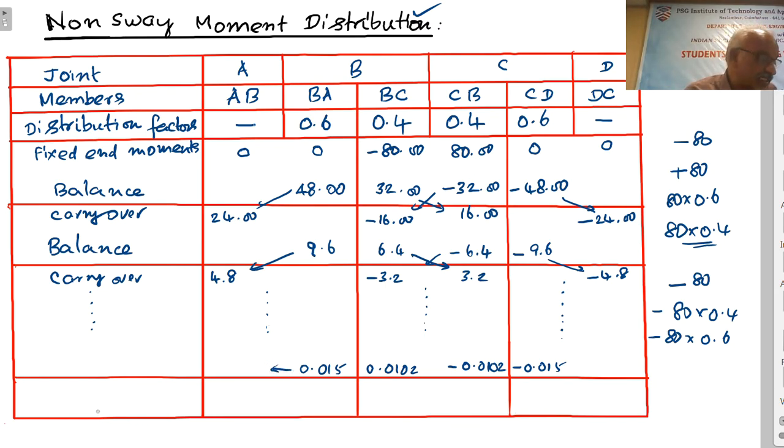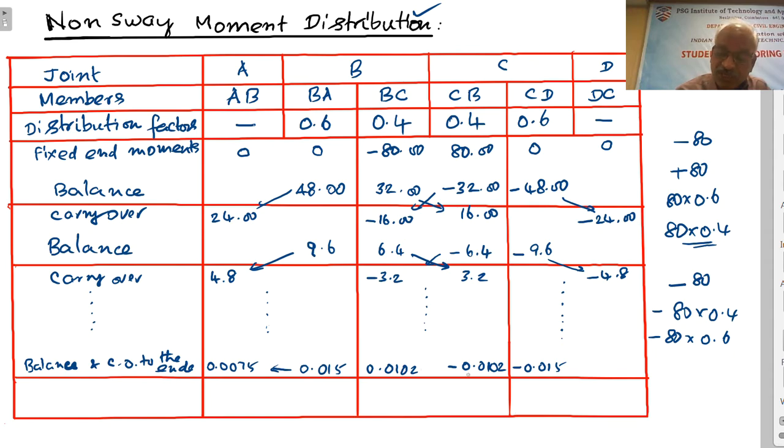So in the last value, what you do is balance and carry over to the ends. Carry over to the ends. So only to the ends. Minus 0.015 by 2, 0.0075.